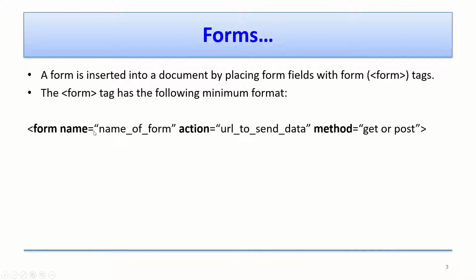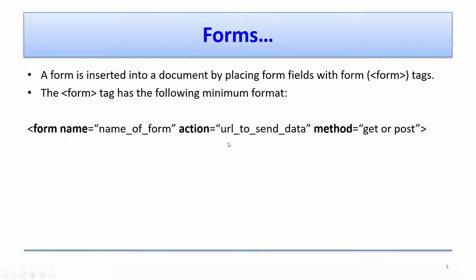The form should have a name, because one particular web page may have several forms. In order to uniquely identify those forms, each should be labeled by its name. So the form tag should contain the attribute called name, and then we can assign a name for that particular form.